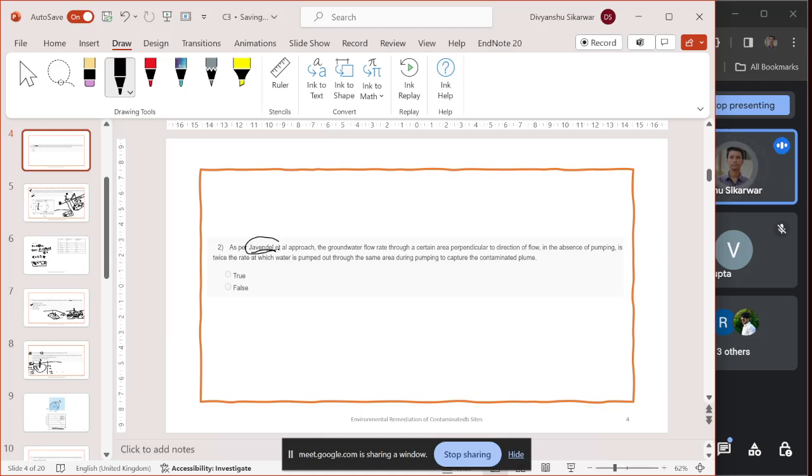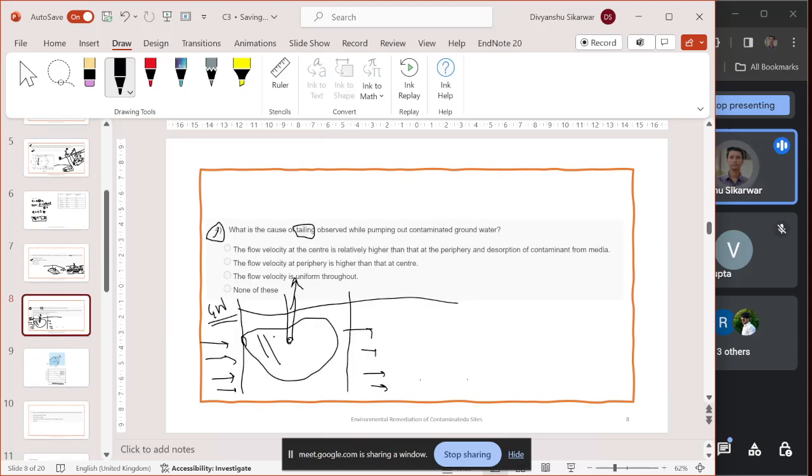This approach is used to determine the spacing of wells and the zone of influence for each well.